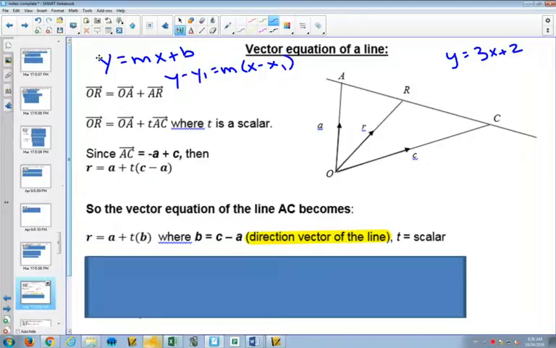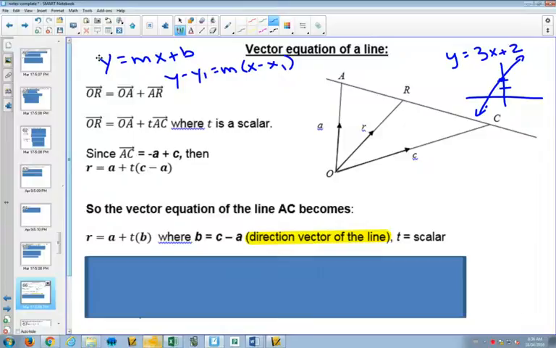The idea with the equation of a line in vector form is, so there's that line, y = 3x + 2. What we're going to do, instead of saying my equation gets me all the points, instead we're going to say my equation can get me all my position vectors.